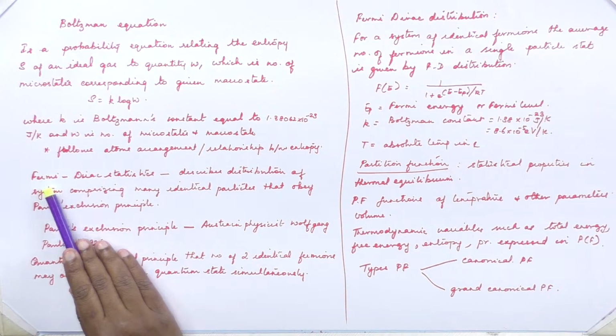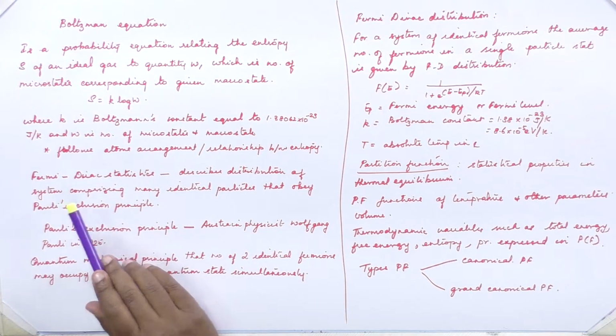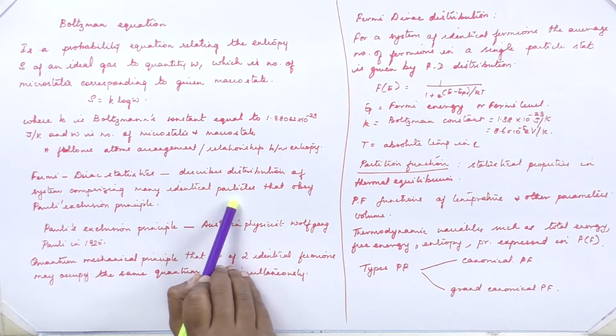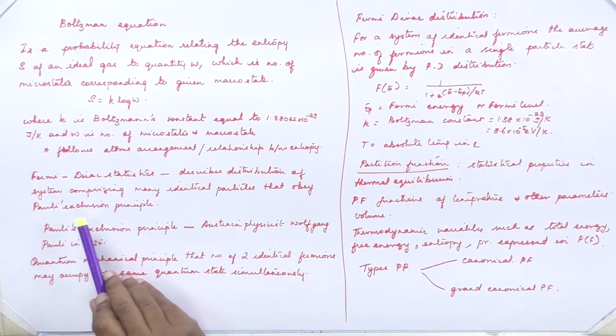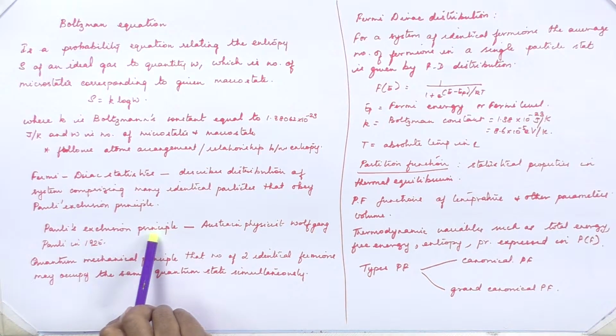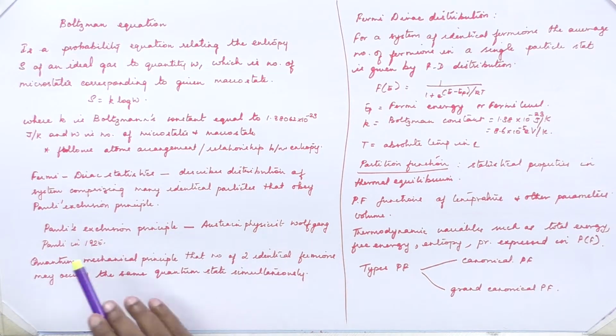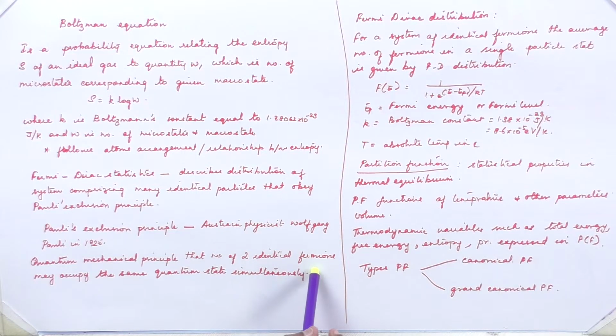The Fermi-Dirac statistics describes the distribution of a system comprising many identical particles that obey Pauli's exclusion principle. Pauli's exclusion principle was developed by an Austrian physicist, Wolfgang Pauli, in the year 1925. The quantum mechanical principle is that no two identical fermions may occupy the same quantum state simultaneously.